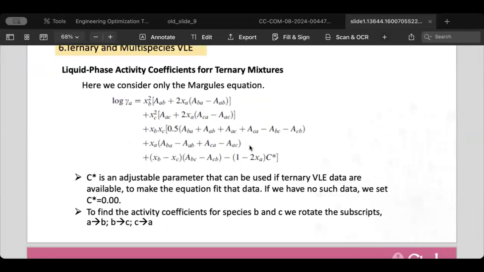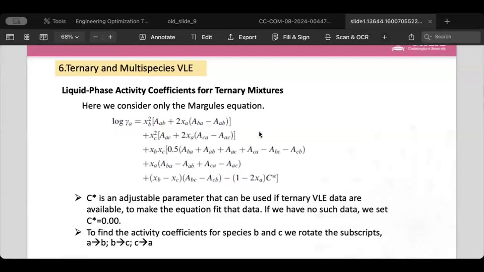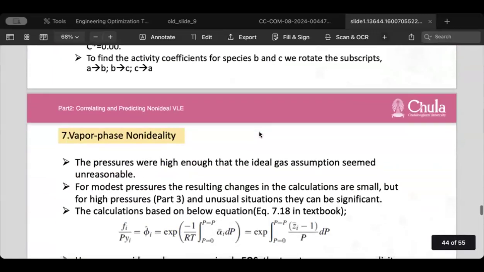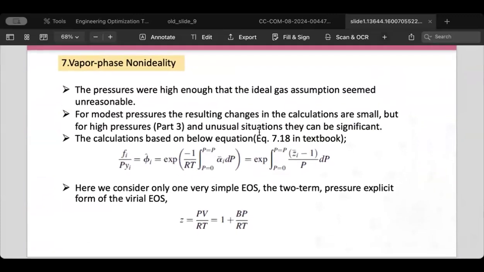We can apply the activity coefficient model obtained from binary system to ternary system also. Okay, you can look for more detail in the textbook. Okay, and what else? For vapor phase non-ideality at low pressure, we assume that the fugacity can be represented by pressure, right?